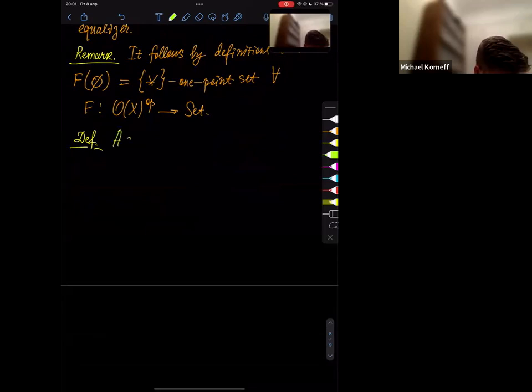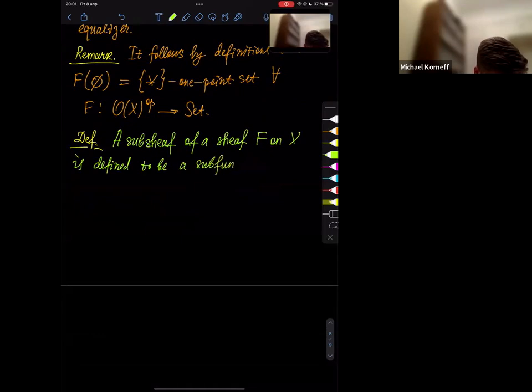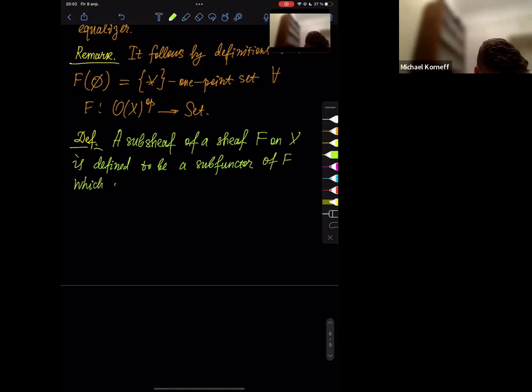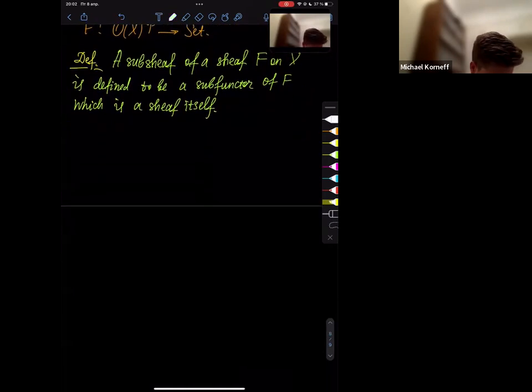A subsheaf of a sheaf F on X is defined to be a subfunctor of F, which is a sheaf itself. And I recall the definition of a subfunctor here.